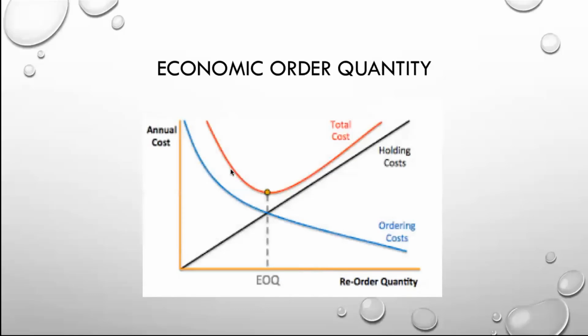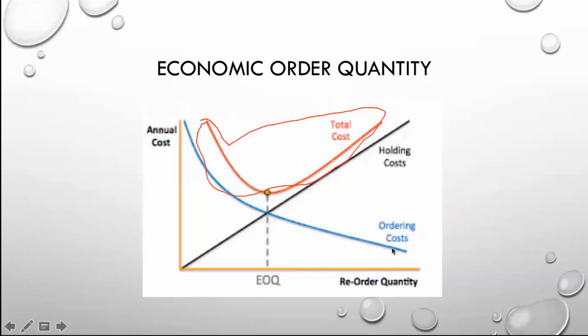As you can see, your total costs are down here, okay? And this is basically a sum of these two graphs. Your ordering costs start off high and go low.